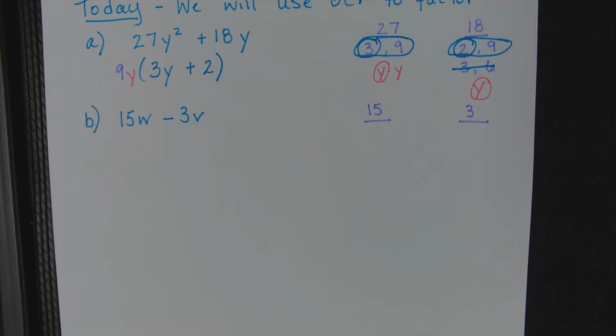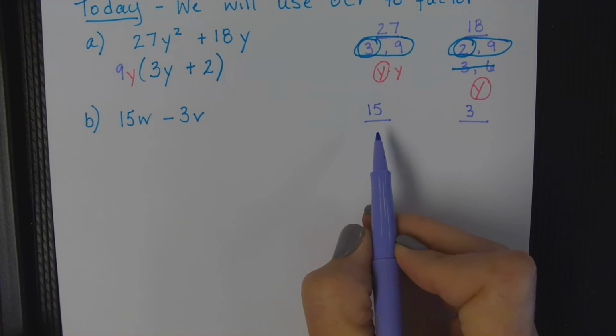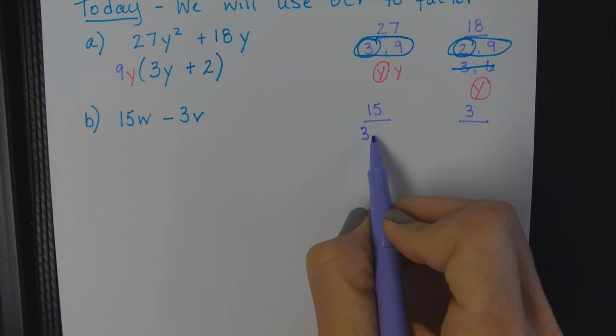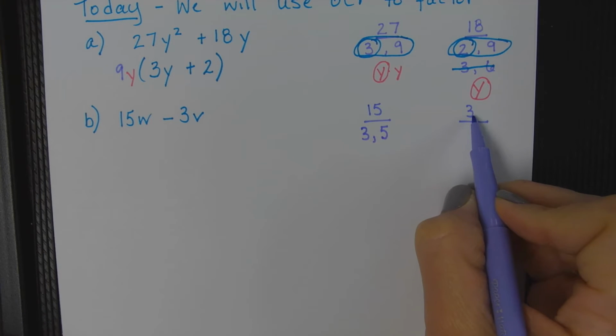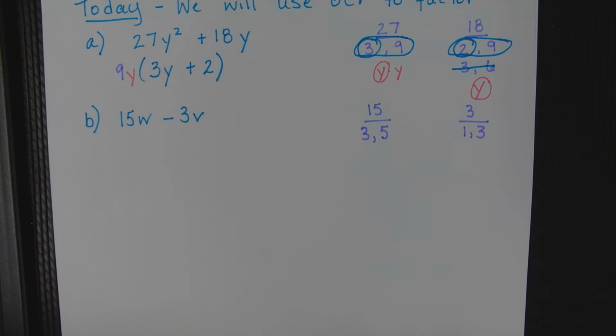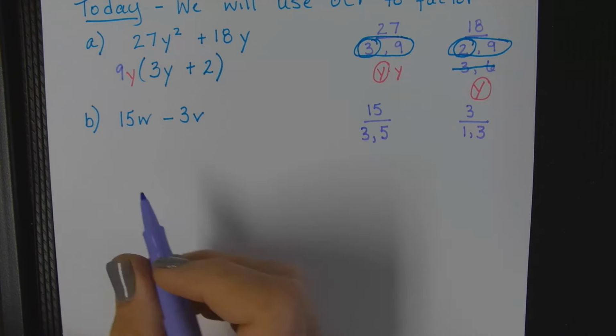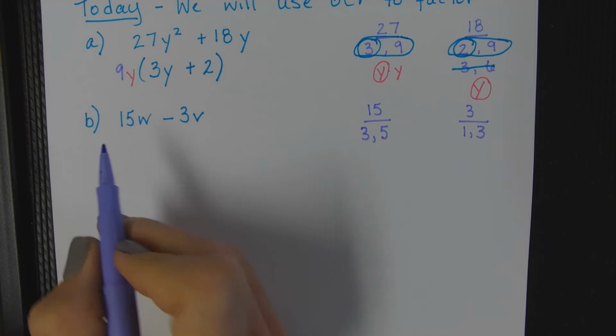What do you notice about the variables? Are they in common at all? No. You're just going to have to leave them alone. Those are the lonely variables, remember? Can't do anything with them. So write down the factors of 15. We have 3 and 5. So 3 over here is just 1 and 3. What is our greatest common factor? 3.